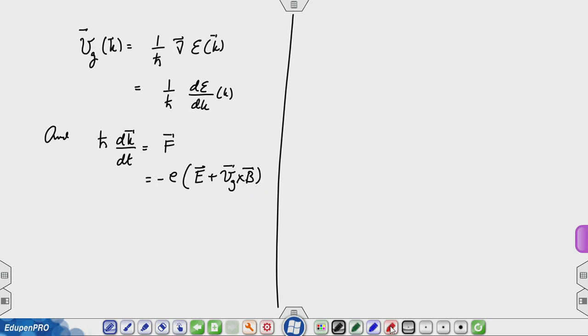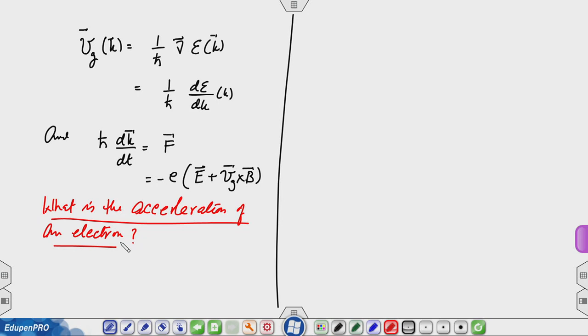If these are the two equations, then let us ask what is the acceleration of an electron. And when I say electron, I mean electron in this band. Let me again confine myself to 1D. So, acceleration a would be dV group by dt, which will be dV group by dk times dk by dt.